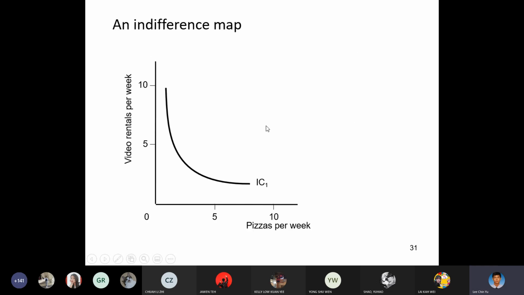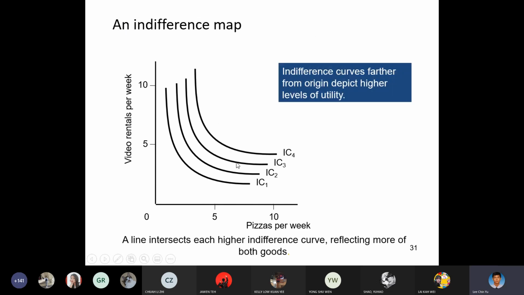Let's say we have an indifferent map, meaning that we draw a lot of indifferent curves. The curves far away from the origin represent a higher amount of goods, meaning more units you can consume.